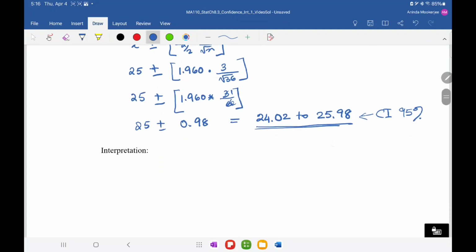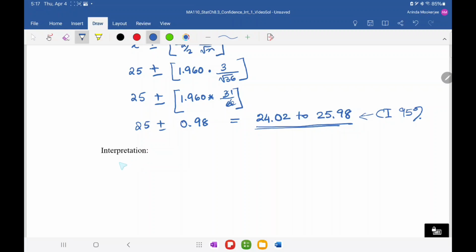Now, interpretation is very important for confidence intervals and later on for hypothesis testing. It's important that you write the interpretation in the correct form. There are some phrases that need to be included in the interpretation.